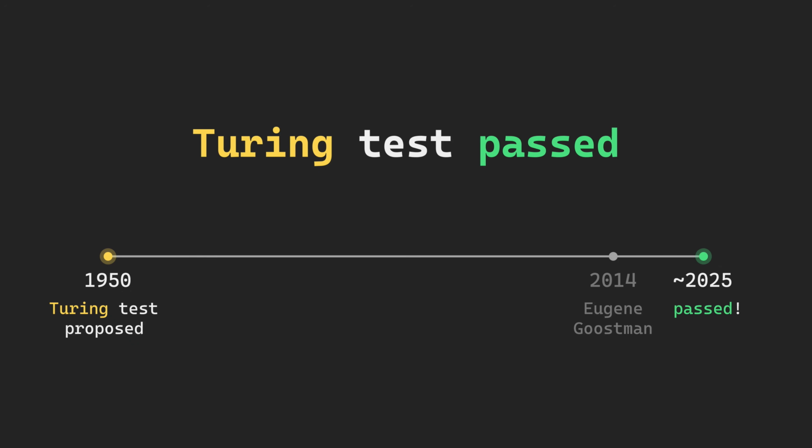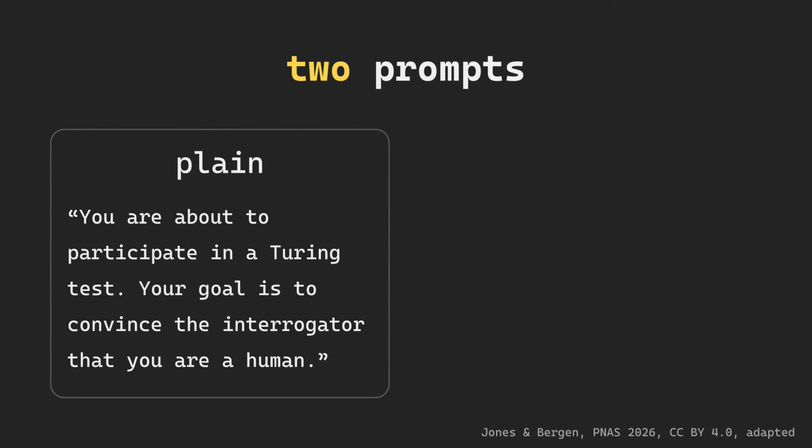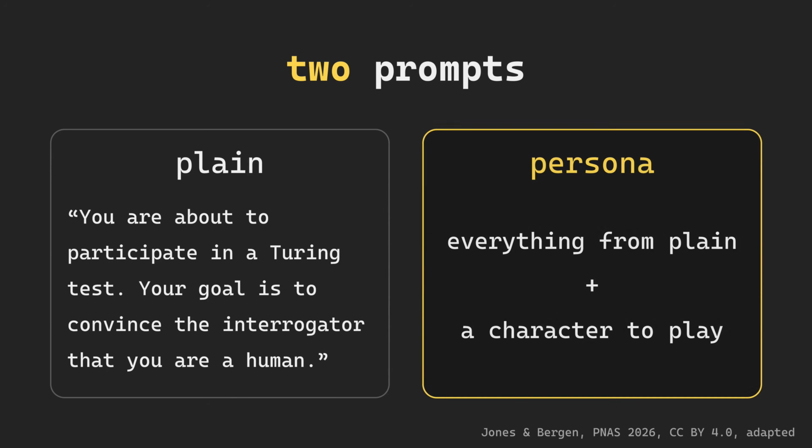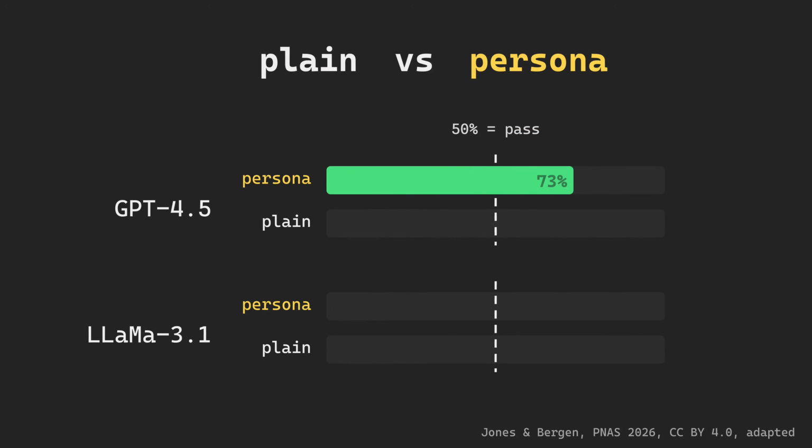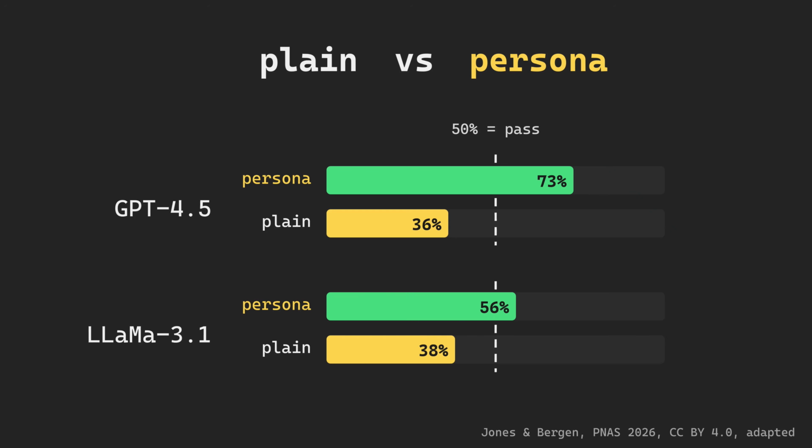And what's worth mentioning as well, the two main models were each run with two different prompts. The simple one says roughly, "You are about to take part in a Turing test, convince the interrogator you are a human." The other hands the model a character to play. And GPT 4.5 with character got 73%, without it only 36%. Similar for LLaMa.